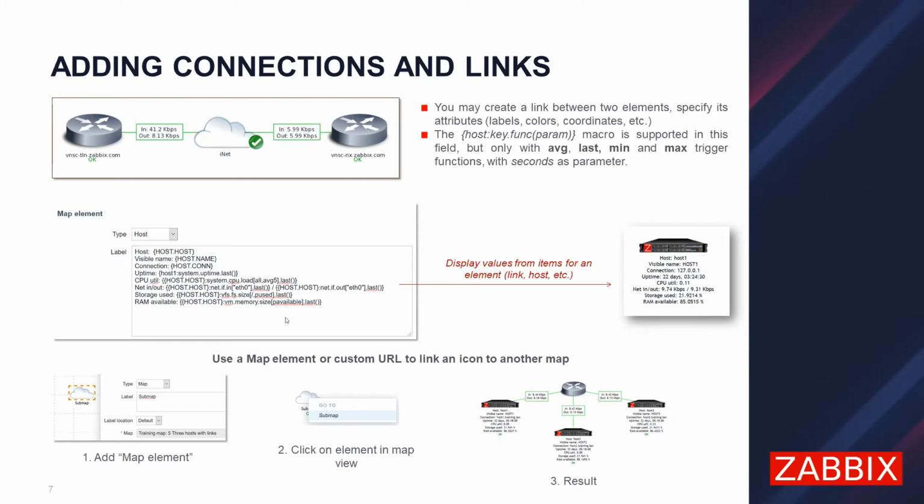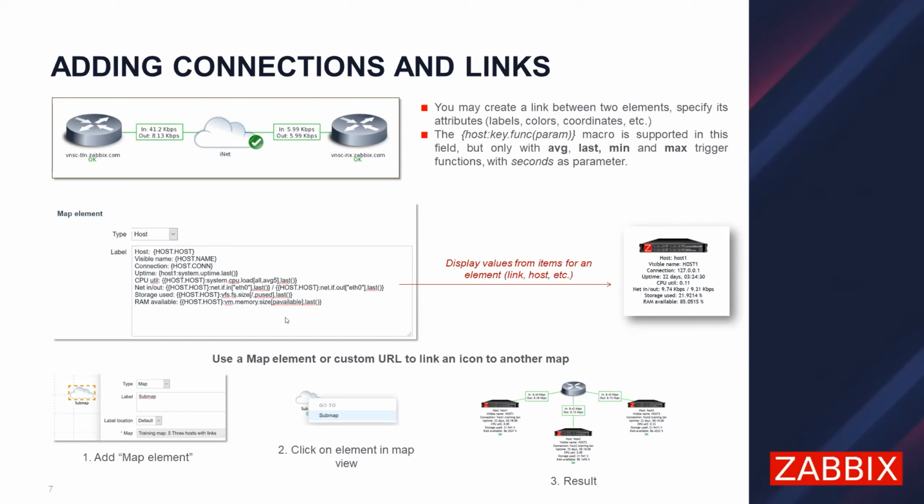So we have a set of different macros, and they are all expanded into their corresponding values upon map usage. Of course, you can expand them at design time. For that purpose, you have an expand macros link at the top of the map, so it will help you understand how it would look when the map is shown on the screen.